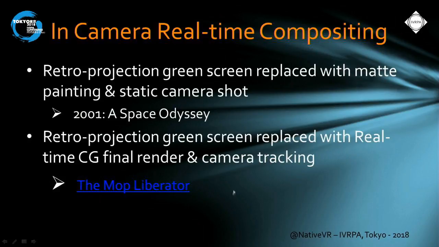That kind of technique works for static cameras. So there is someone who did this now with a moving camera, being able to do those live CG renders with no latency, so that you can have your final renders and record them with your actors, and you don't have to do any post-production.